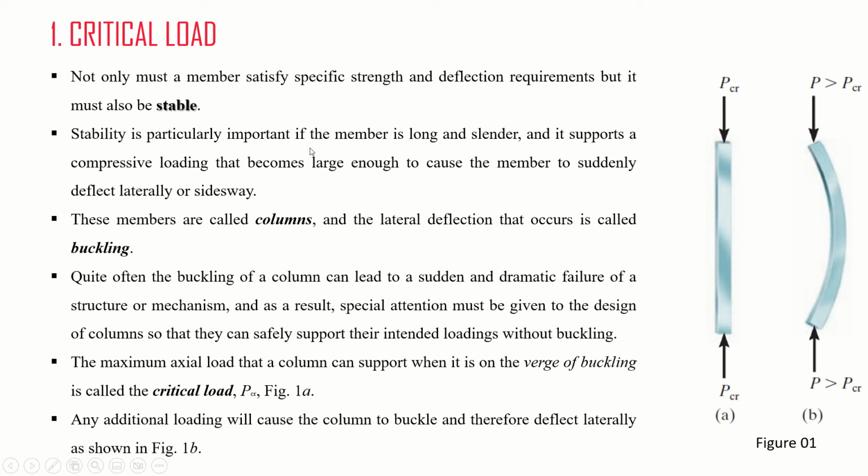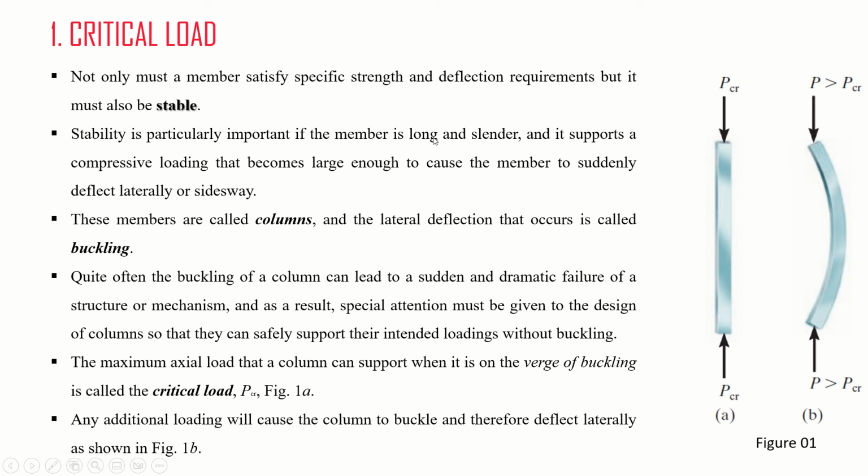Stability is particularly important if the member is long and slender. If it is short and not slender, it can support a compressive loading. But when the load becomes large enough to cause the member to suddenly deflect laterally or sideways, in these scenarios, when it is long, slender, and the loading is large enough, stability becomes more important, and vice versa.